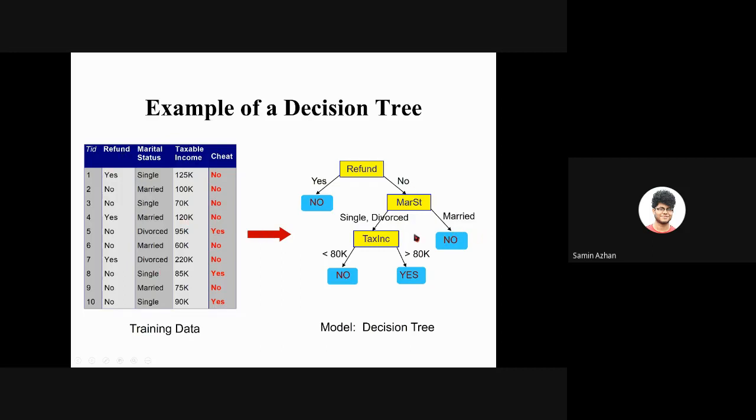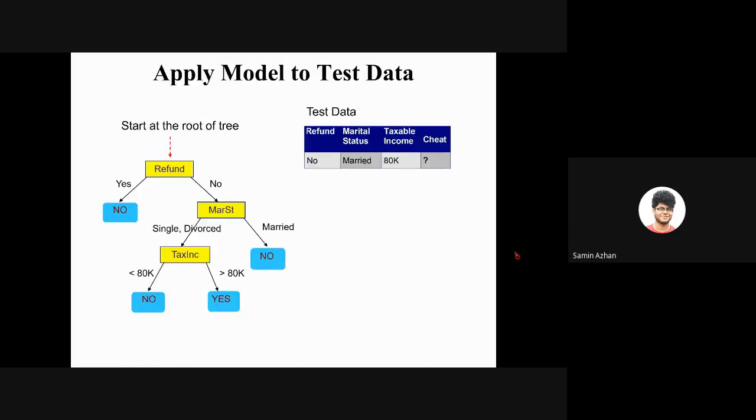Now after creating the decision tree, we have to predict a value that was never seen before. For example, this is a new value, and we don't know if the person cheated or not. So our model has to try and figure out the outcome. Let's see what happens.